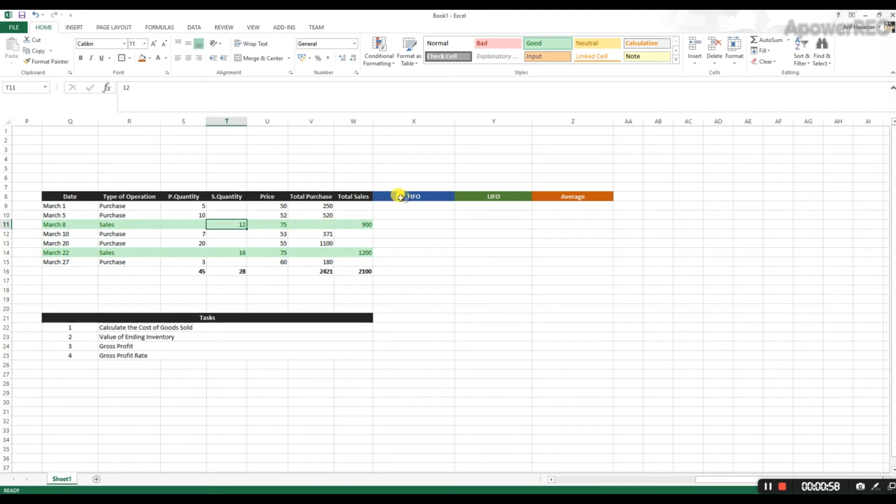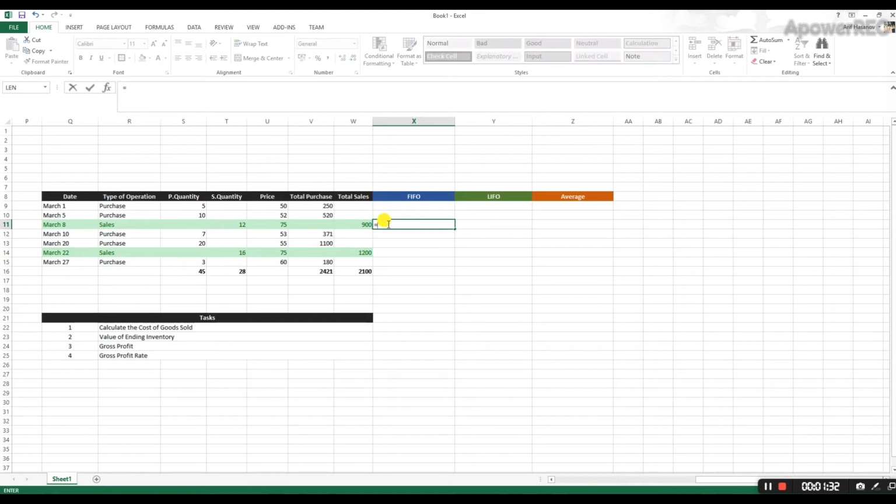If we take into account the FIFO method, the amount of sales is 900. This 900 is my turnover, and I want to find my profit.